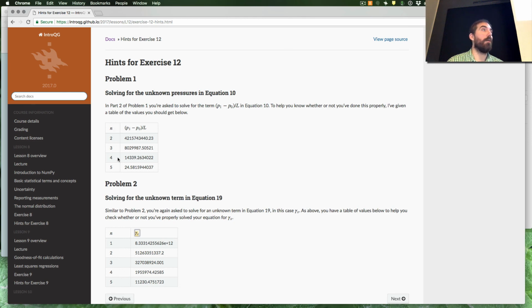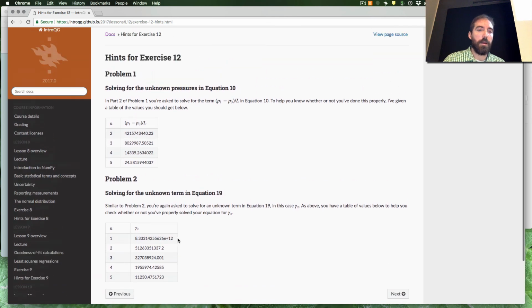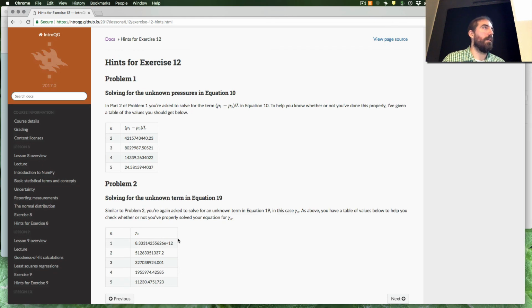So the n is this power law exponent, and this will allow you just to see whether your calculation of P1 minus P0 over L is right or not. Students last year were having a hard time knowing whether or not they were getting the right answer, so they asked that this be made available, and it would be very obvious to Yorina if you just copied and pasted these values into your code.